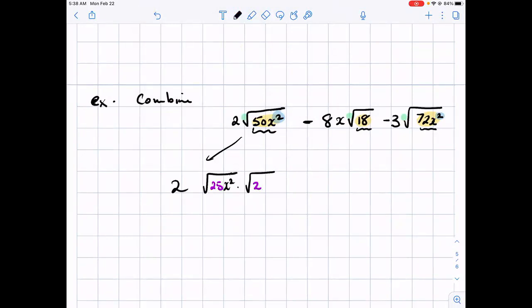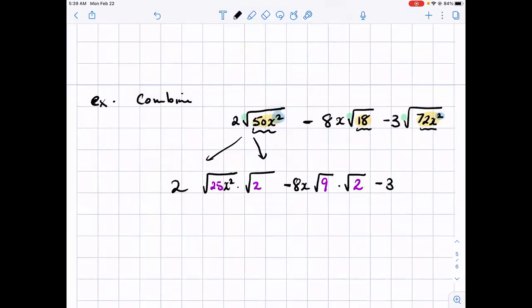So this breaks up into 2 of them. Minus 8x, and if I make 2 radicals as I did before, the 2 numbers would be 9 times 2.